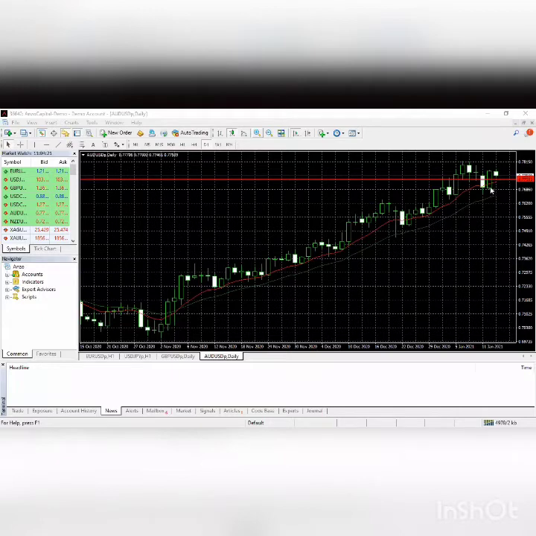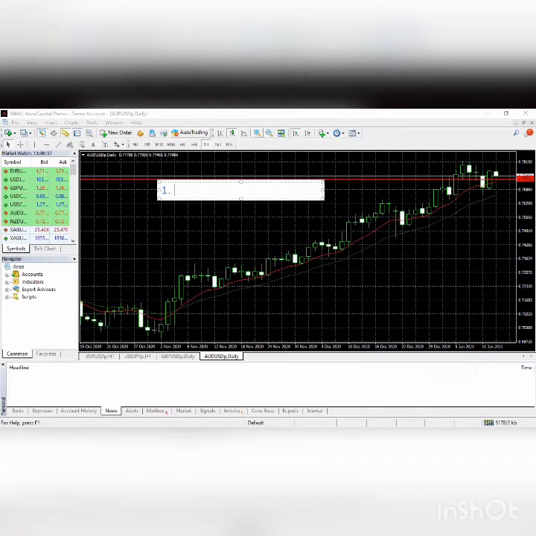Ano yung ginawa nating entry? Identifying what the market sentiment is is one thing. However, executing a trade is another thing. So ngayon, paano natin nasakyan itong upward nito? So number one, identify natin what is the current trend.